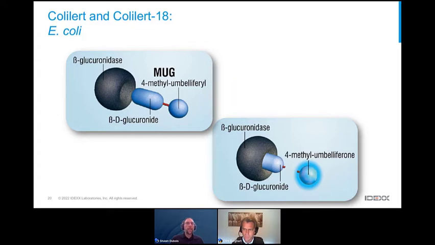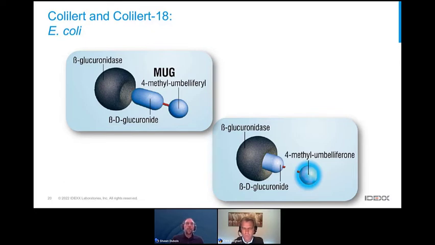And then E. coli has a second enzyme that we're looking for, which is beta-glucuronidase. This will allow it to utilize the 4-methylumbelliferyl beta-glucuronide, or the MUG. Same thing, that enzyme will be able to bind with that nutrient, and then the bond between the nutrient and the indicator is broken, and that indicator is released and will hydrolyze.